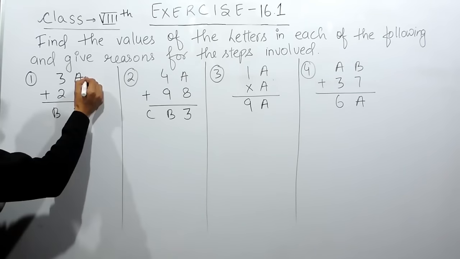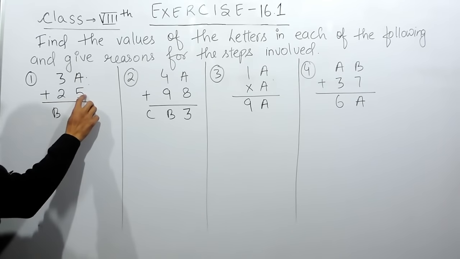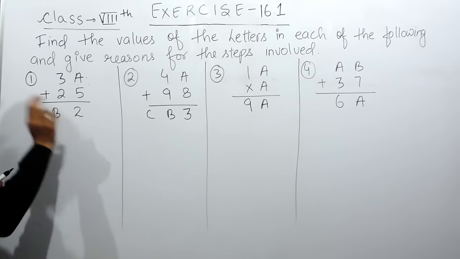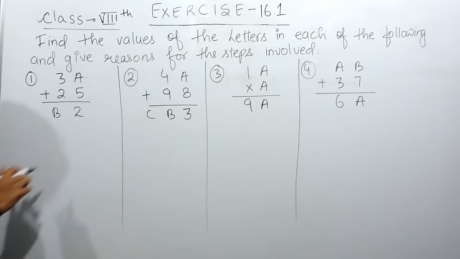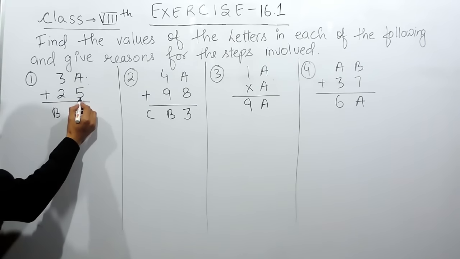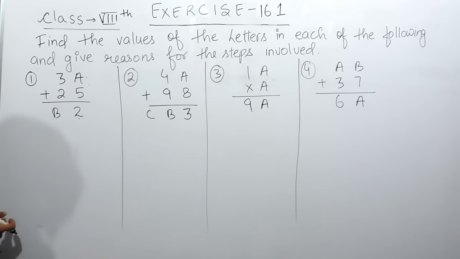So this can only be possible when the sum of a and 5 is 12. Then only the last digit will be 2. So if I add a and 5 and the result is 12, the value of a here must be 7.